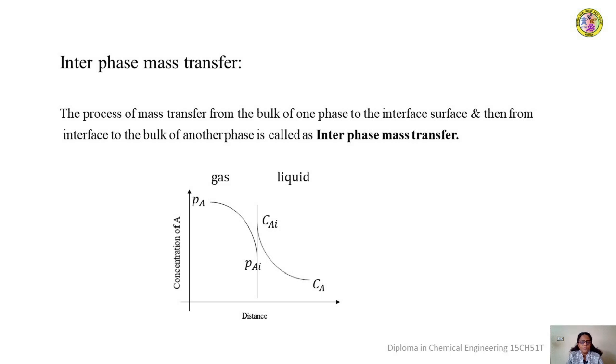Then from the interface concentration CAI, it drops to the bulk liquid phase concentration CA in the liquid phase. You can clearly make out here that PA is much higher compared to CA. As a result of this concentration gradient, the transfer occurs from gas to liquid phase. That process is interface mass transfer. This is how we can represent the concentration gradient between the two phases graphically.